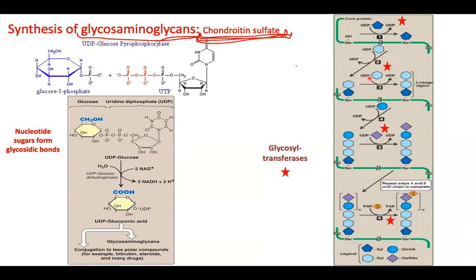All of the sugars being attached to the chain are always UDP plus the sugar. You do eventually lose the UDP. The UDP doesn't stay inside the actual chain once it's formed, but you need UDP attached to the sugar in order to attach it onto the saccharide chain.